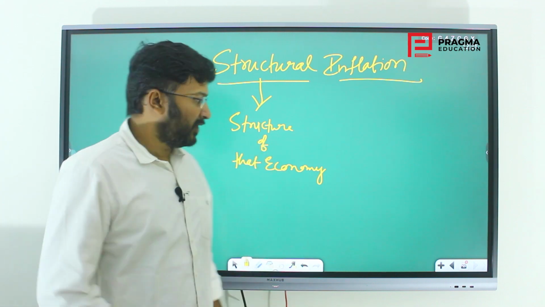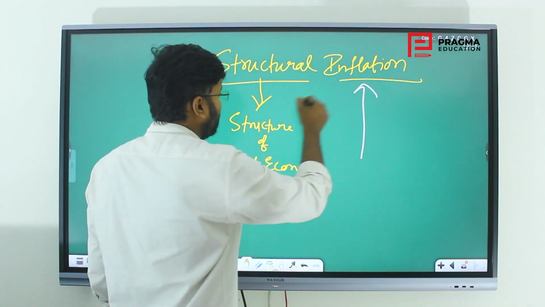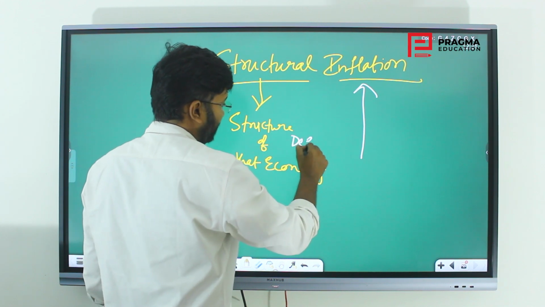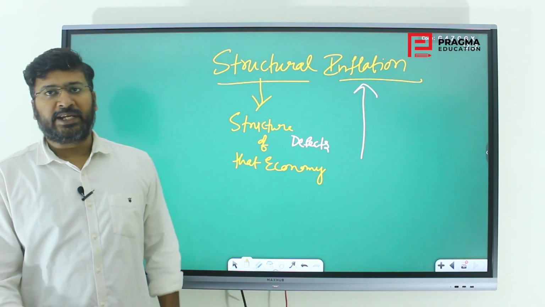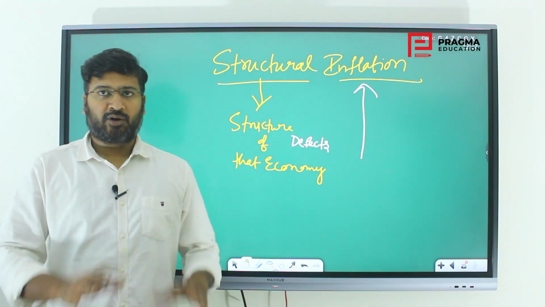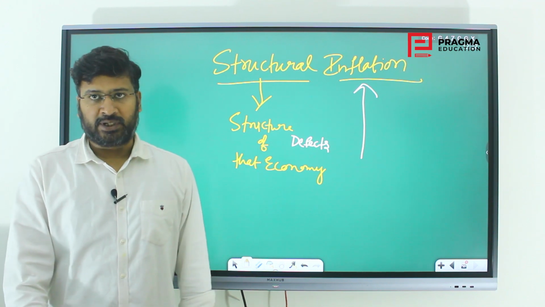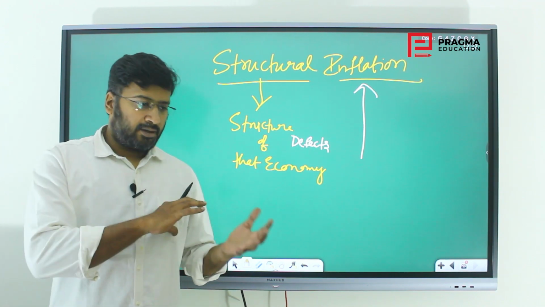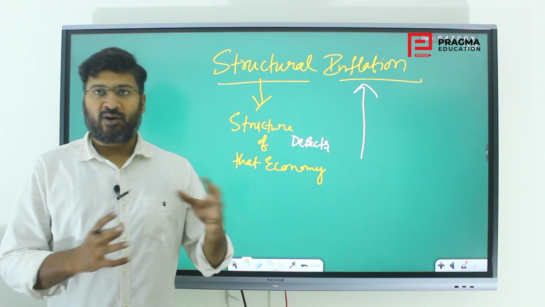In this type of inflation, we are concerned about the inflation that is kicking in because of such structural defects. There will be structural defects in any economy for that matter. No economy is perfect. There may be more development in one area, very unequal development.